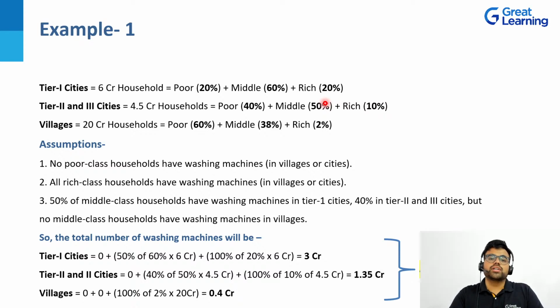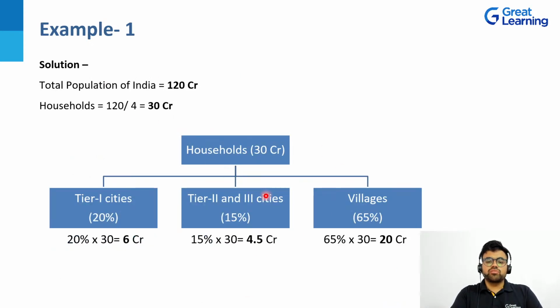You cannot put 100% of people as rich in tier 1 cities, because that is never going to happen. So we'll consider that 20% of the people are rich, 60% are in the middle class category, and 20% come under the poor category. Now, similarly in tier 2 and tier 3 cities, we calculated 4.5 crore households.